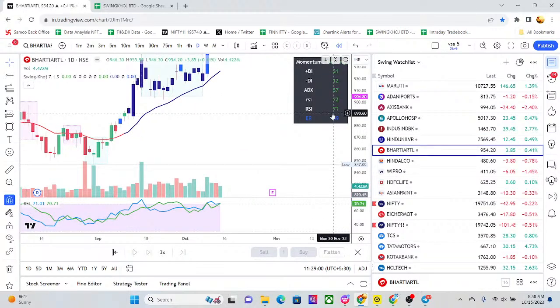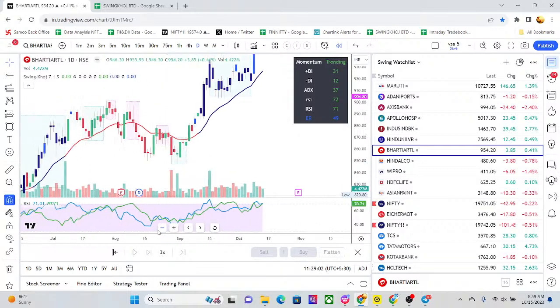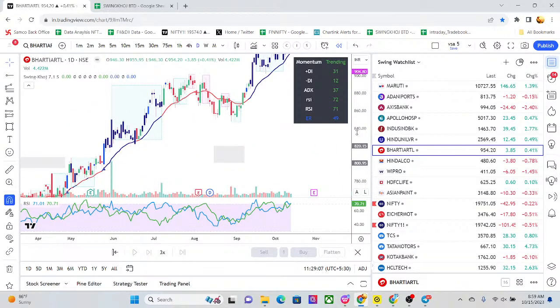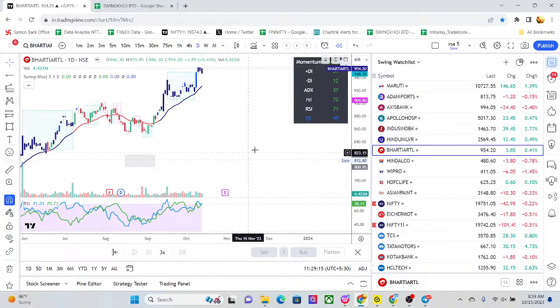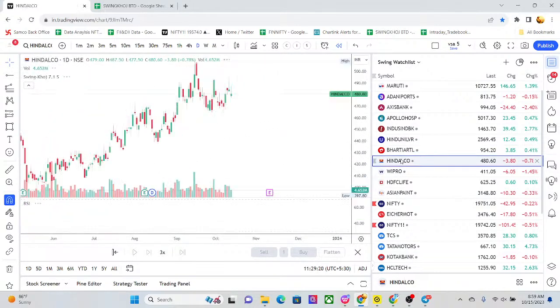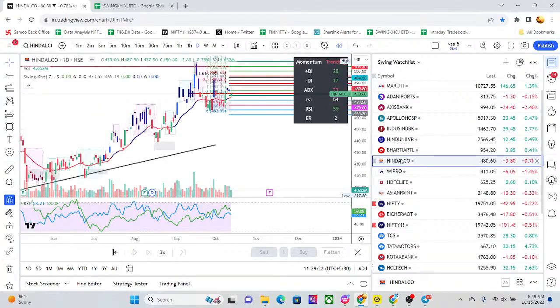If you find a bottom on the chart, it is a very good trade. Let's see if you can find some bottoms in our watch list.